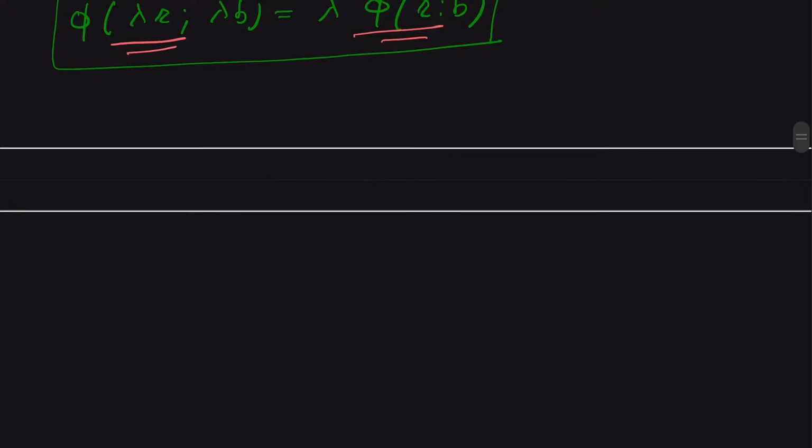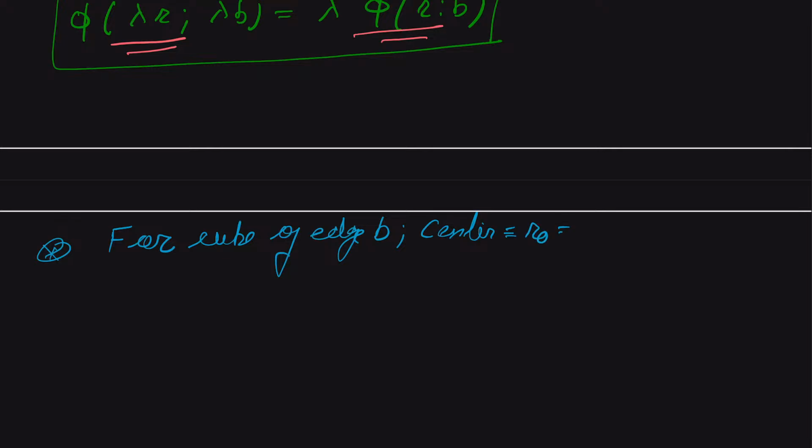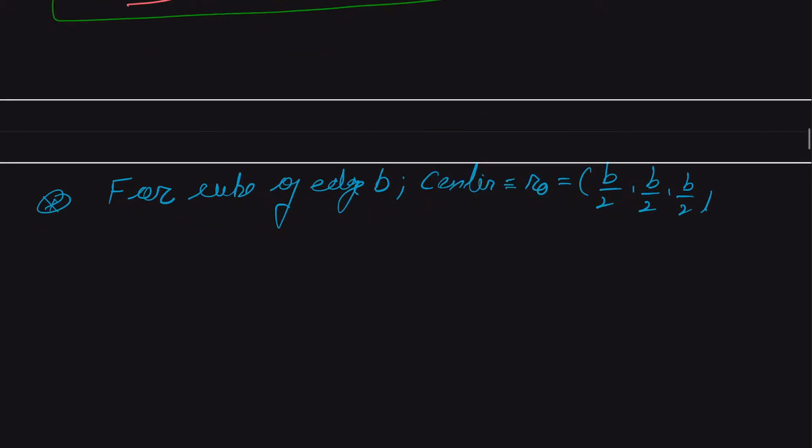Apply this to the center: for a cube of edge b, we already have its center equation, that its center, which is our r naught, is given as b by 2, b by 2, b by 2.